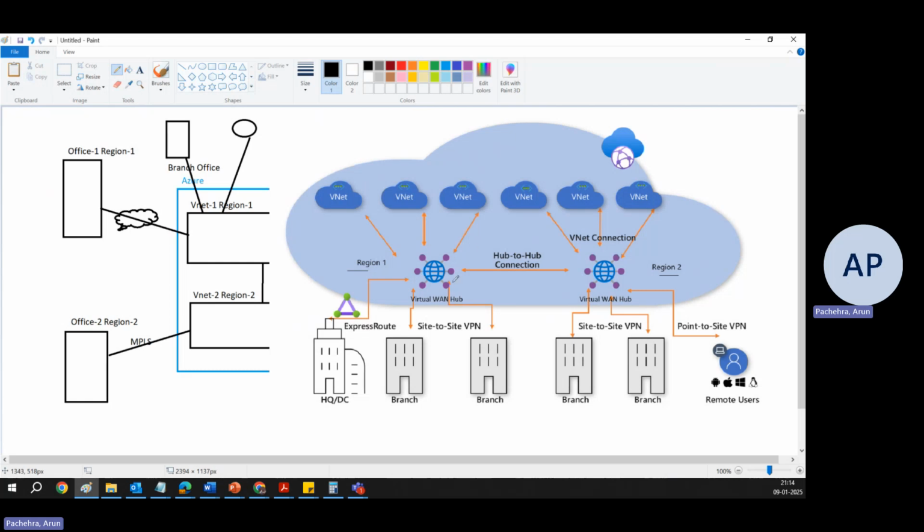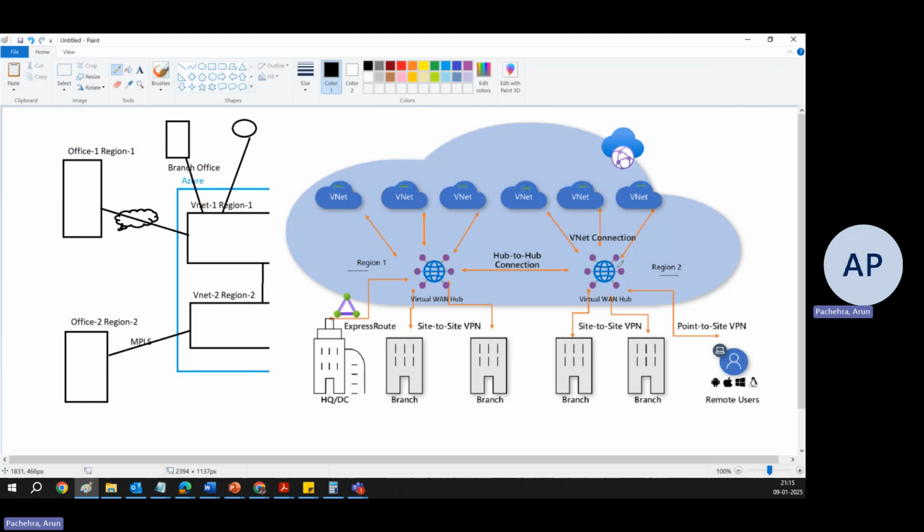And it also provides you unified management. We have already seen a lot of issues and problems because of complex management. So Azure Virtual WAN consolidates network monitoring, routing, and security policies into a single centralized platform, right?